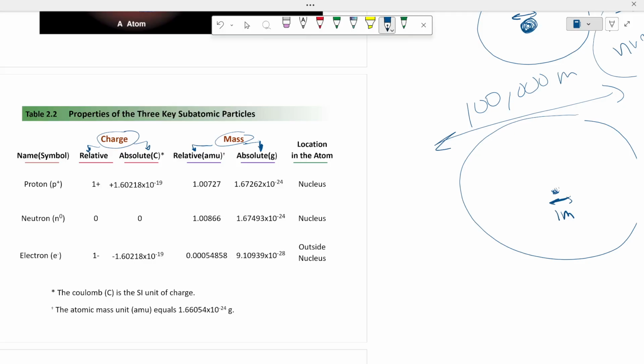For example, when I say my mark is double the mark of my friend, so I got twice his mark, when you compare the ratio between my mark and his mark in the exam, it will be 1 to 2. But it doesn't mean I got 1 and he got 2. This is not the actual marks.